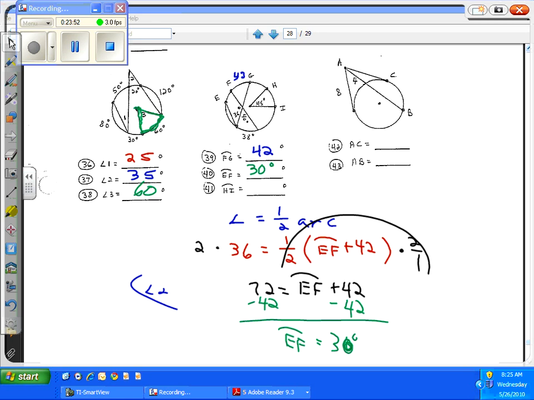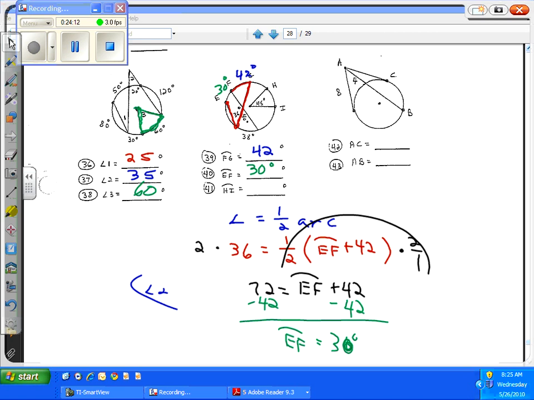Now, let's make that make sense better, just in case it didn't make good sense to you. This is 42 degrees, and my board is kicking things out on me there. And we found out that this was 30 degrees. This angle right here has a vertex on the circle.